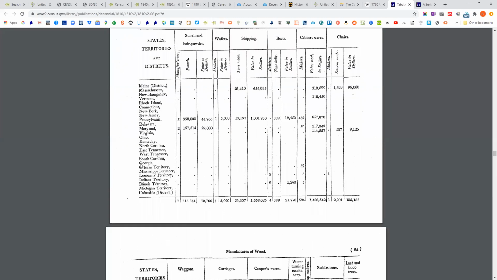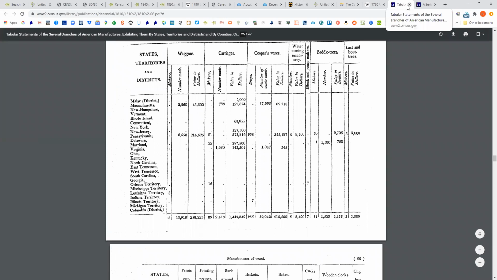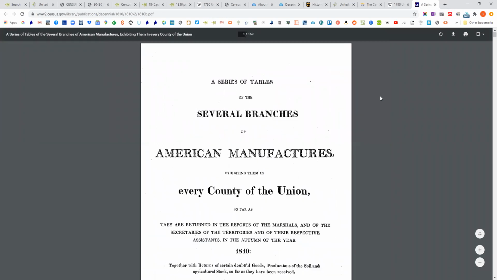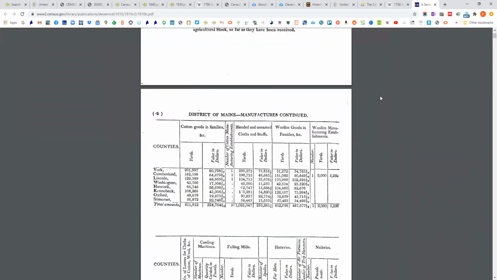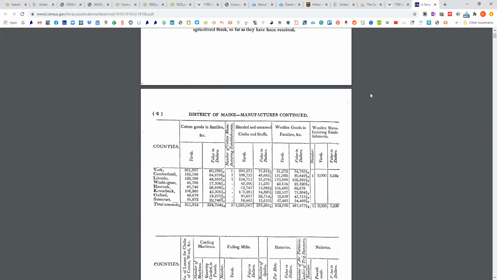So, you get a lot of this. It's interesting, but this is the same thing. So this is the other part of this report where it breaks it down here in Maine, and notice again, District of Maine, not State of Maine, and it's broken down by county.